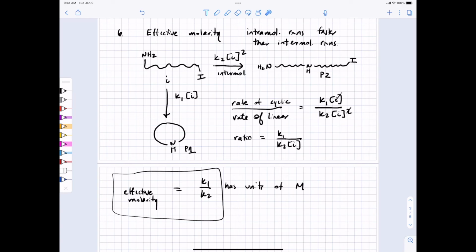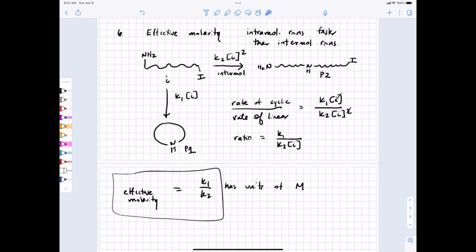So what about this ratio? If this ratio increases or reduces, does it have anything to do with which of the rate constants is higher? Well, if K1 is larger, yeah, this effective molarity will probably be high.